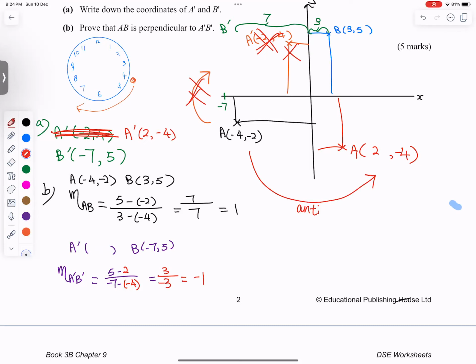So you multiply AB slope with the new AB's, 1 times -1. And what do you get? And if you can get a -1, we can say that they are perpendicular to each other.